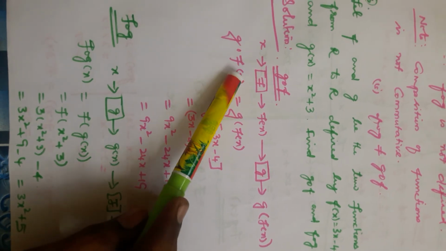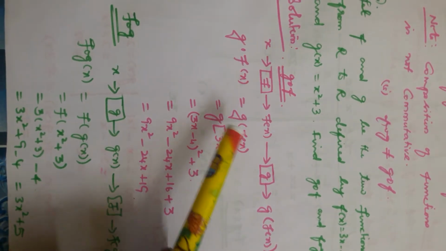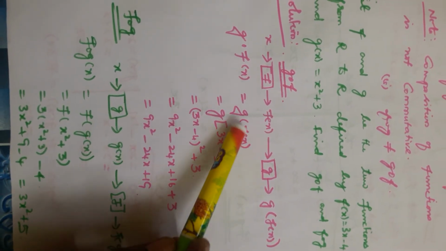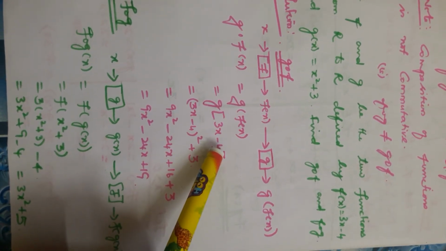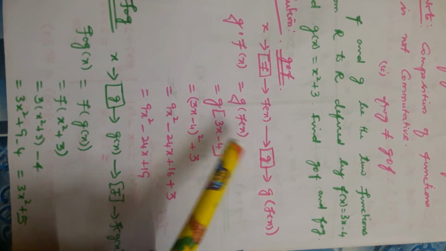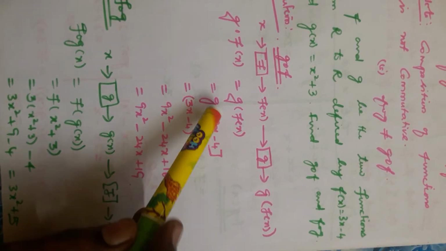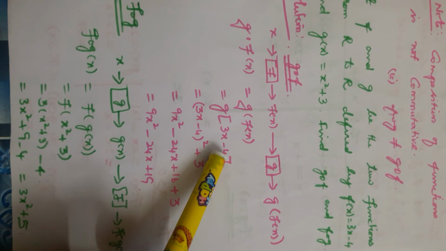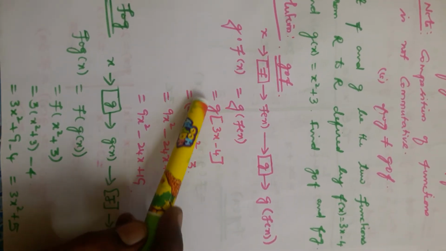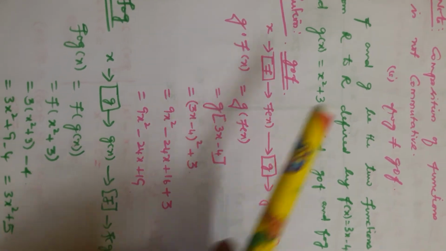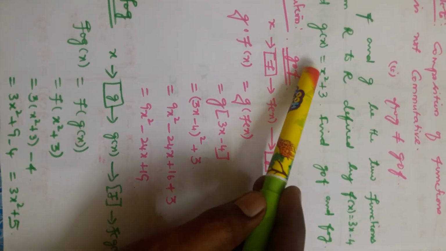G composite f of x, that is nothing but g of f of x. Your f of x value is given by 3x minus 4. So inside of g you have 3x minus 4. What is the meaning of g of 3x minus 4? You should know the function of g. G will give the square of the input plus 3.